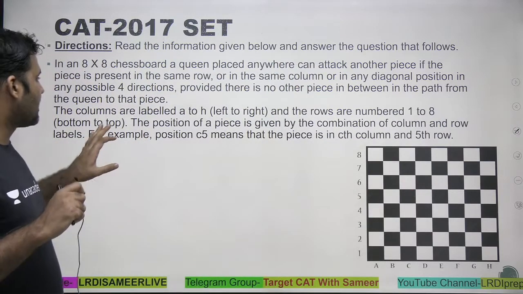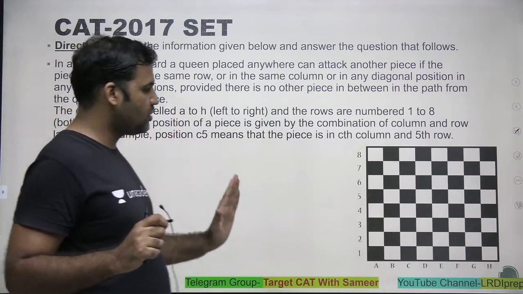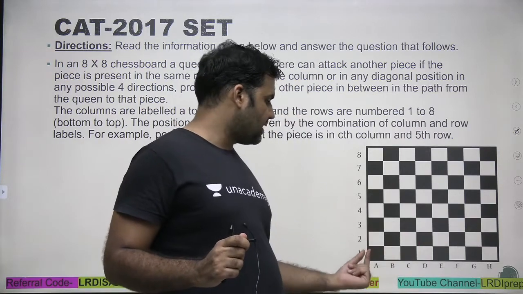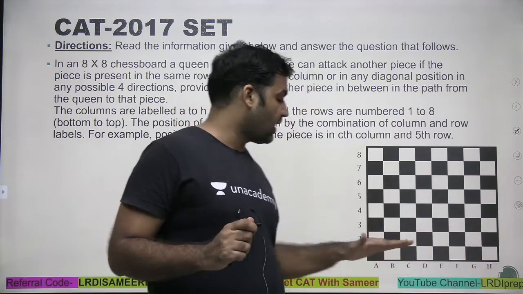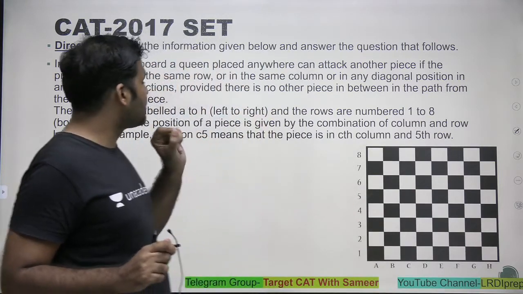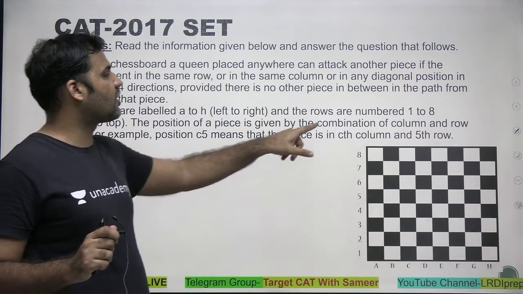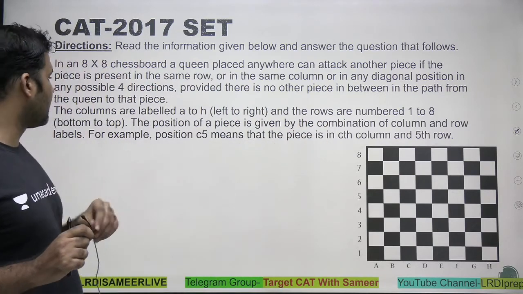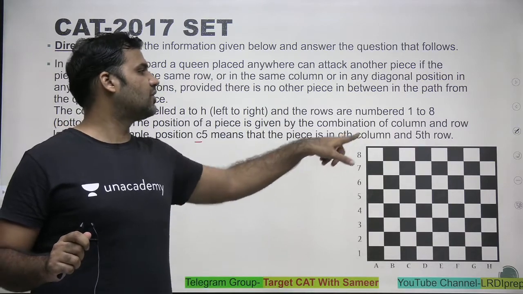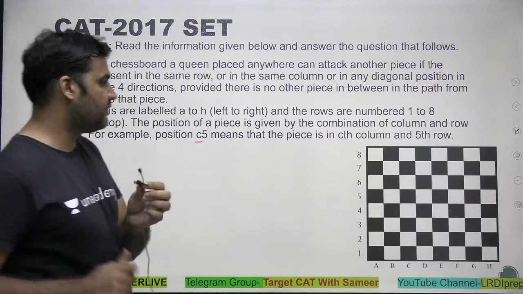Now the question says the columns are labeled A to H, left to right. So when you move from left to right, it is labeled as A, B, C, D, E, F, G, H. And rows are labeled 1, 2, 3, 4, 5, 6, 7, 8. The position of a piece is given by the combination of a column and the row labels. For example, the position C5 means the piece is in the C column and the fifth row.